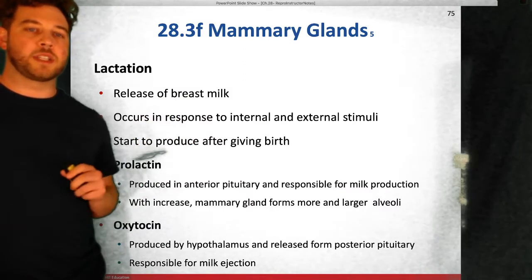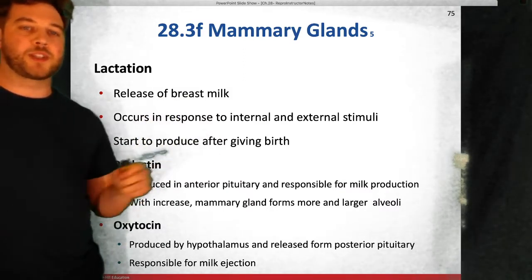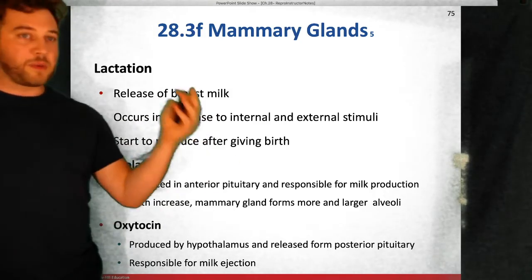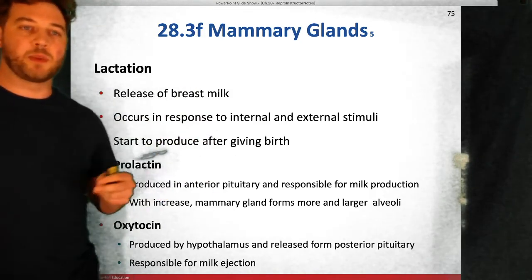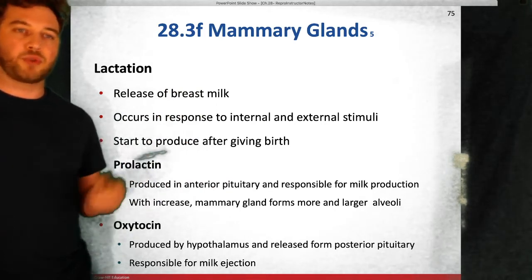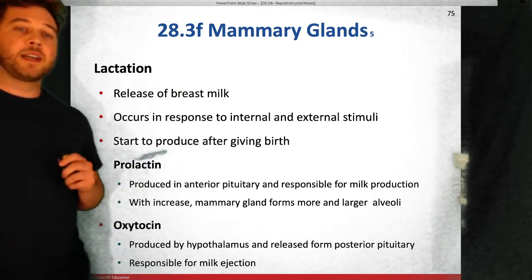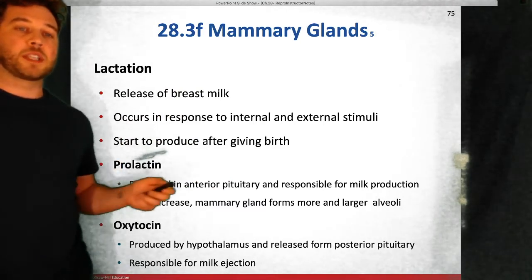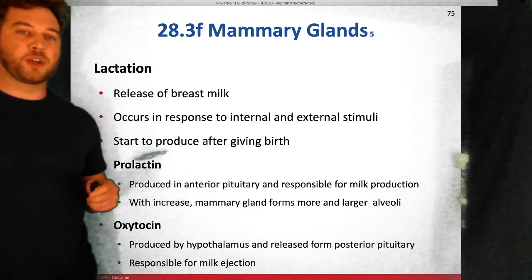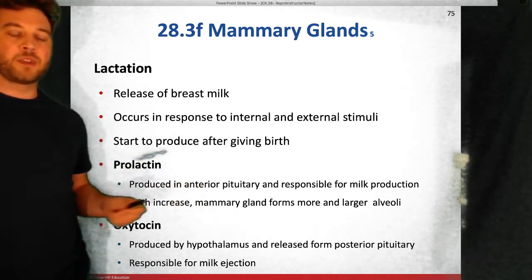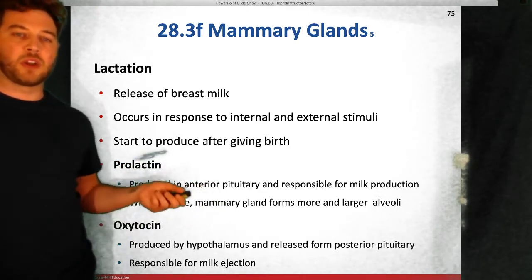Lactation is the actual release of breast milk, occurring in response to internal and external stimuli. It's true, if a baby cries, there is a chance that a woman will start lactating. It's a hormonal thing. Prolactin is produced in the anterior pituitary and is responsible for milk production. As prolactin levels increase, the mammary gland forms more and larger alveoli.